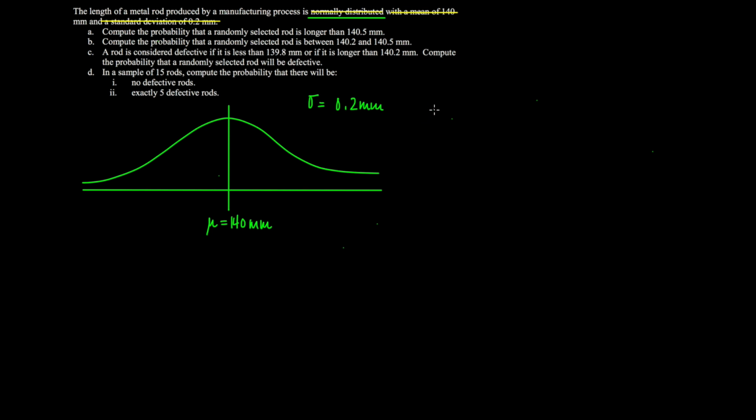Now in part A, they want us to compute the probability that a randomly selected rod is longer than 140.5 millimeters, okay? So let's say that we have 140.5 is here.